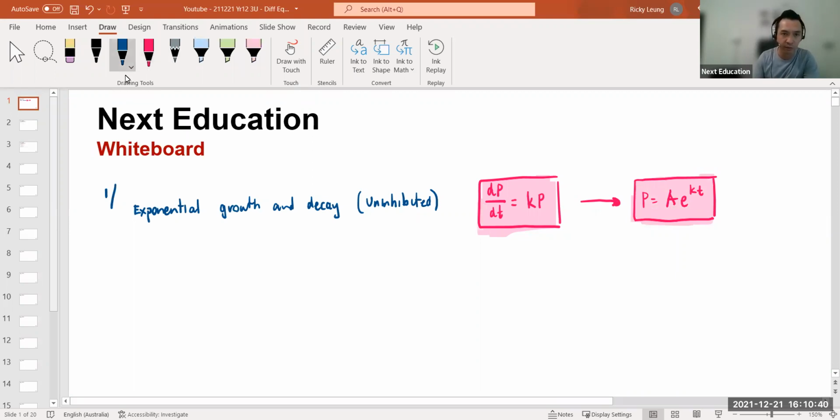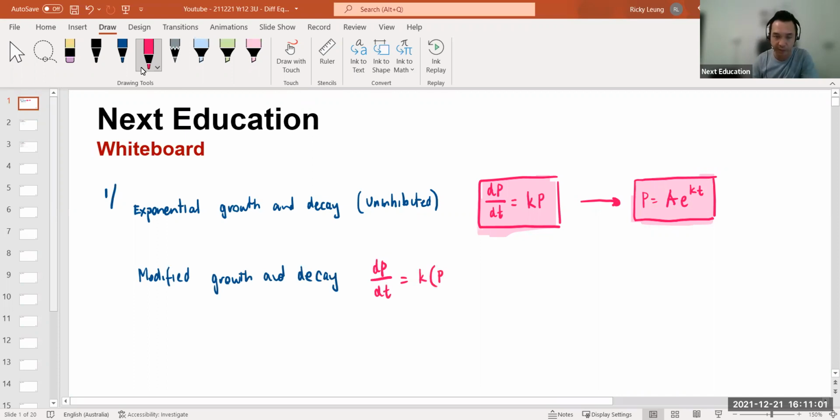We then also covered modified growth and decay, and for a lot of schools this falls into the Extension 1 syllabus. The modified version starts off with a different differential equation, where dP/dt equals k(B minus P), where B is some sort of constant, like a constant room temperature, which is the most common context.